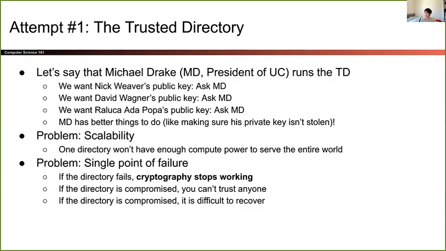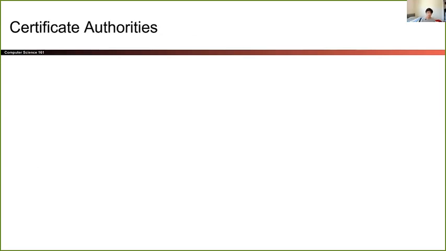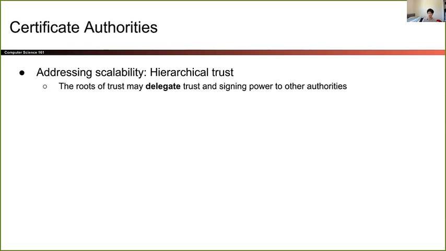So everyone in chat is correct. Scalability and the fact that this is a single point of failure is a really, really bad idea. So instead of a trusted directory, instead of the TD, we're going to work with something called certificate authorities. To address scalability, we're going to work with hierarchical trust. So the roots of trust, and roots plural, there are multiple roots of trust, are allowed to delegate their trust to someone else.